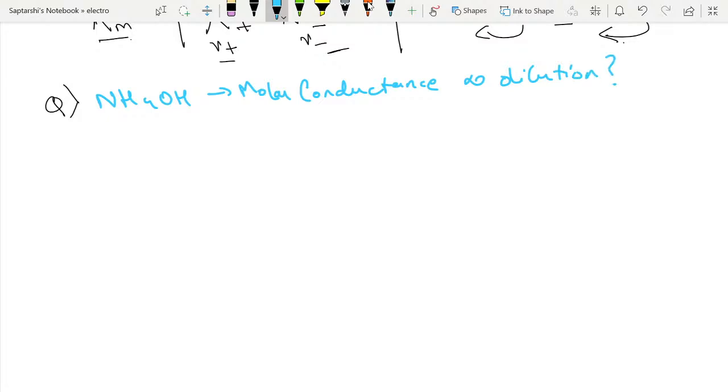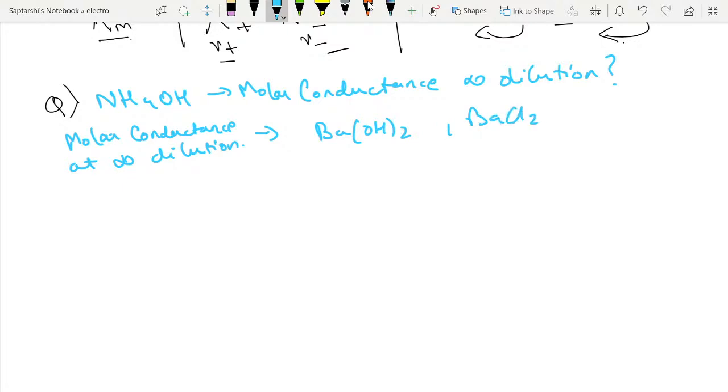What are our given facts? That the molar conductance at infinite dilution for barium hydroxide, BaCl2, and NH4Cl.